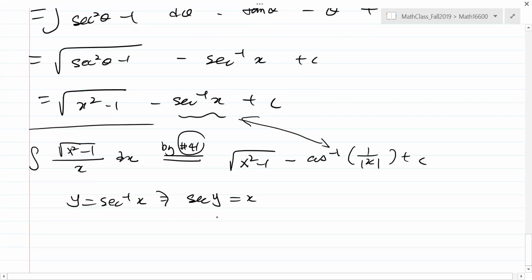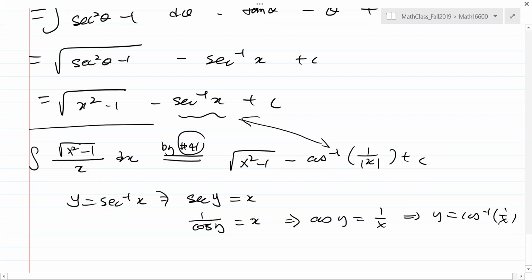So that means 1 over cosine y equals x, right? That means cosine y equals 1 over x, right? That means y equals arc cosine of 1 over x.